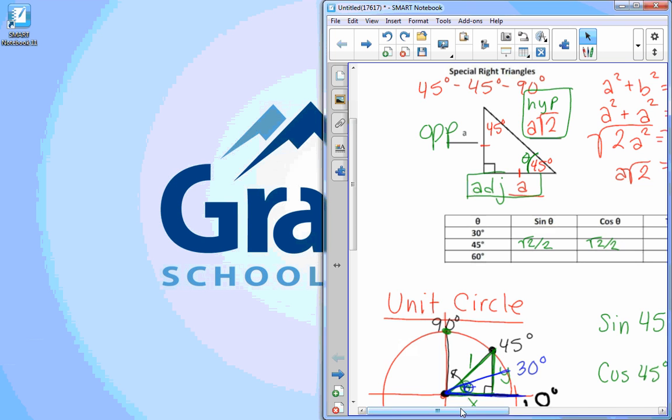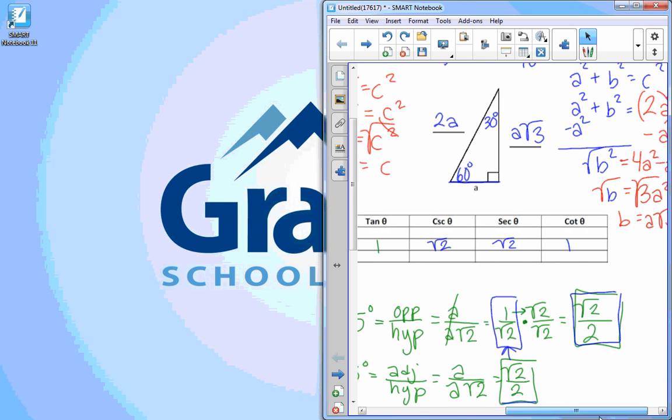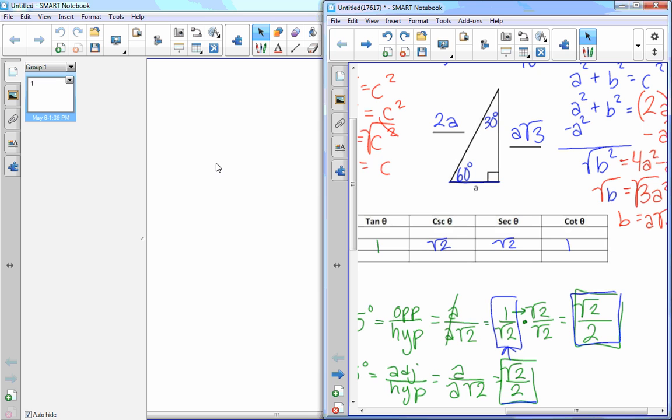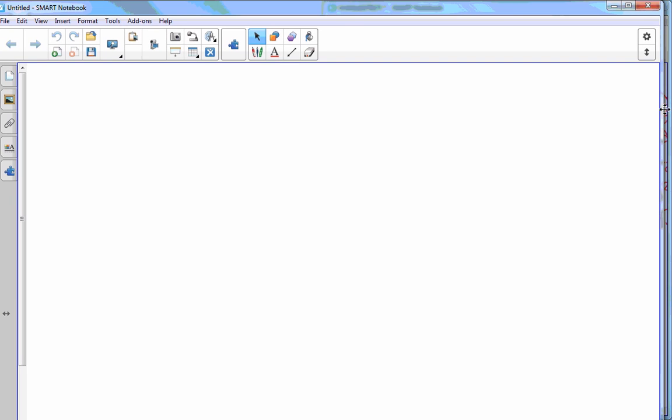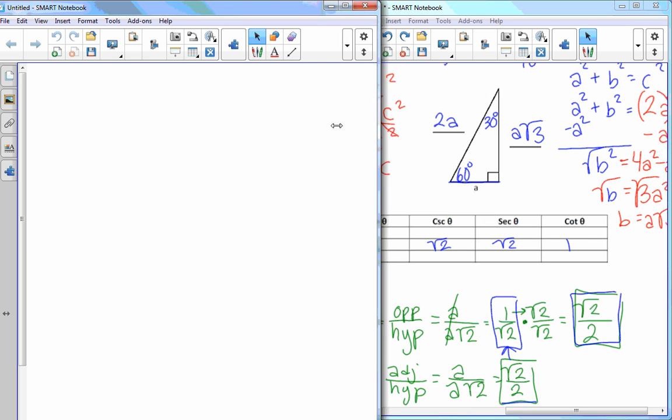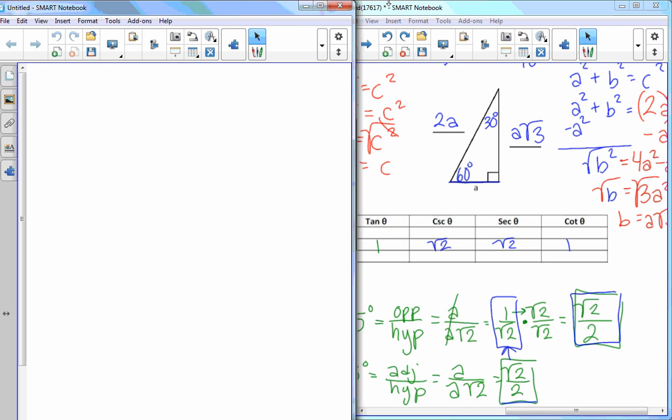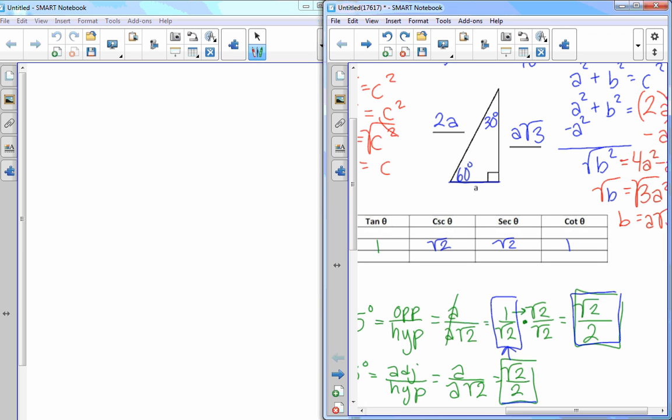I'm going to be able to see this triangle and not have to scroll up and down. Okay, we're going to try this. So on the left, I'll do the root. On the right, we're going to still see the triangle. Okay. Anyway, this might be interesting.